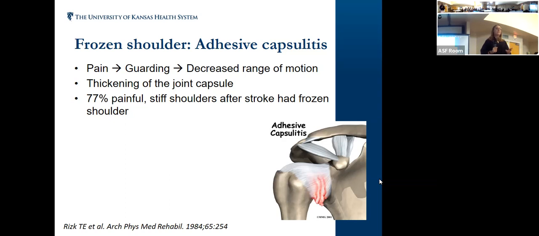It will get not just stiff, but the actual joint capsule around the shoulder will get thick and kind of gnarly looking on imaging, and it will actually get frozen. In one study, a little bit of an older study, in people who had painful and stiff shoulders after stroke, 75% or more actually had a frozen shoulder. So this is the thing we want to avoid, because it is no fun if your shoulder gets stuck.